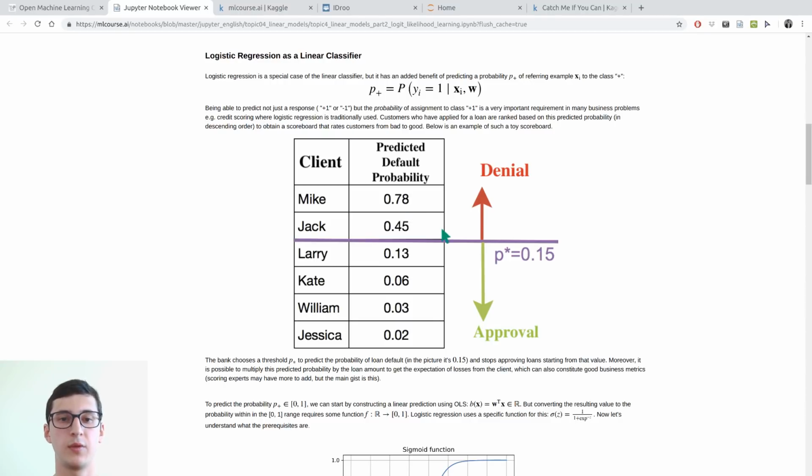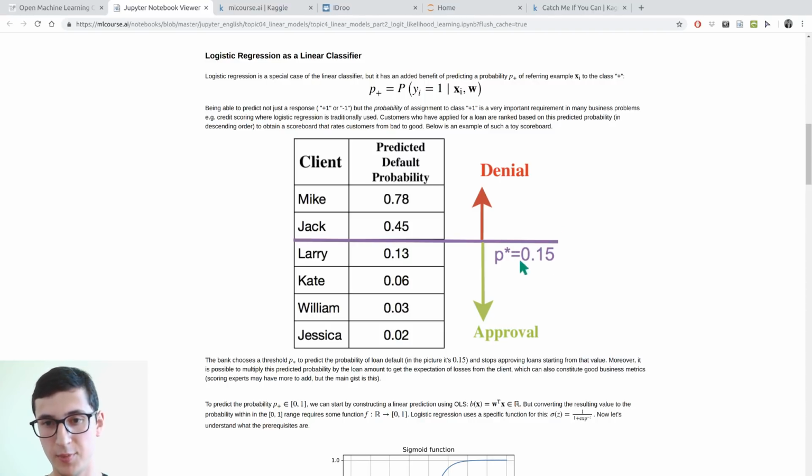It's really helpful to have such a rating because we can tune some threshold, like here 15%. For those who've got predicted probability higher than 15%, we refuse a loan, so this will be denial. Other guys with predicted probability lower than 15%, we predict these are good, and we grant them a loan.